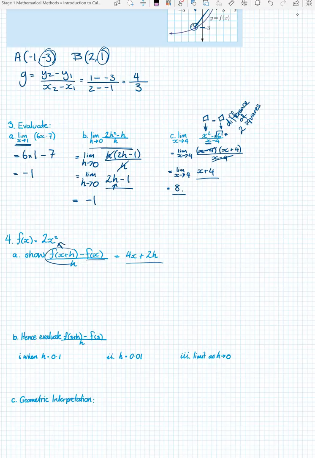So we need to know what's the value of the function of fx plus h. So we can solve that. We'll write it here. The function of x plus h is equal to 2 times x plus h squared.